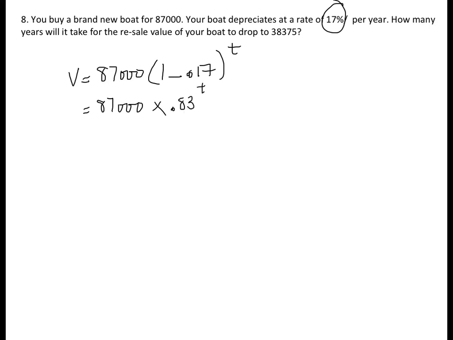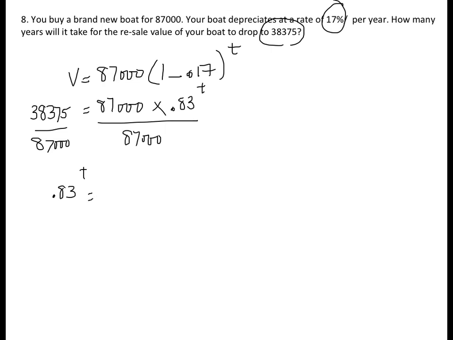Now, I want to know how long it would take the price to drop to 38,375. So V is 38,375. I'm going to divide both sides by 87,000. And I'm going to get 0.83 exponent t is equal to 38,375 divided by 87,000.